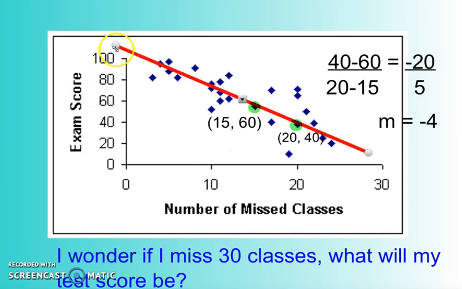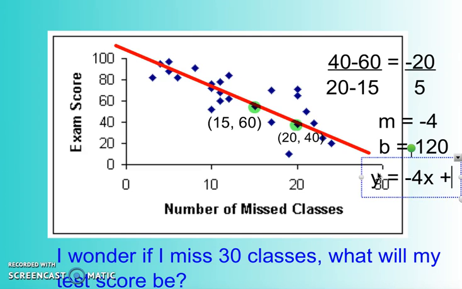I'm going to say that it's about 115, 120, around there. Since it's counting up by 20s, let's just go with 120. That means my formula in y-intercept form would be negative 4x plus 120.